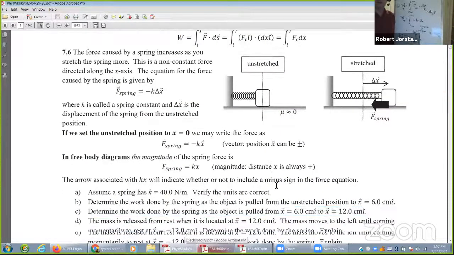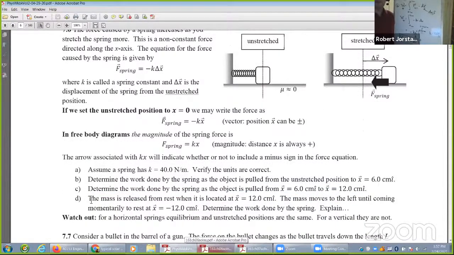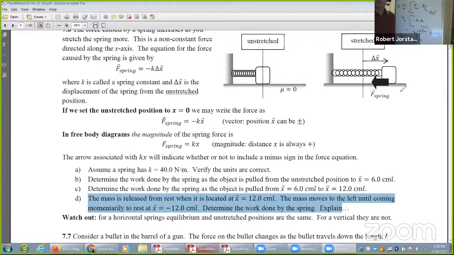And finally, look at this one. Let's say we take the mass, you stretch it to 12 centimeters in the i-hat, positive 12, so it's over here. And then you let go of it, it's going to go over to here. So let's say this is plus 12, and this is minus 12, in centimeters.